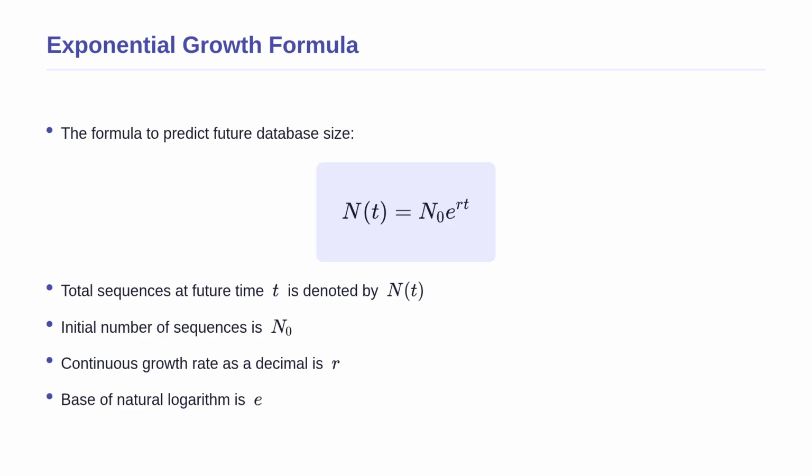The constant e is the base of the natural logarithm, approximately 2.718, which naturally appears in continuous growth processes. Finally, r is the continuous growth rate. If the growth rate r increases even slightly, the total number of sequences, N of t, will skyrocket much faster, demanding significantly larger server farms.